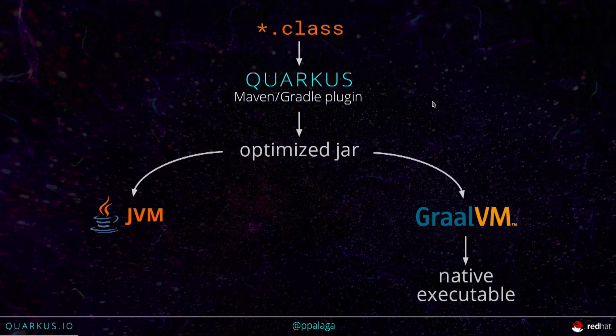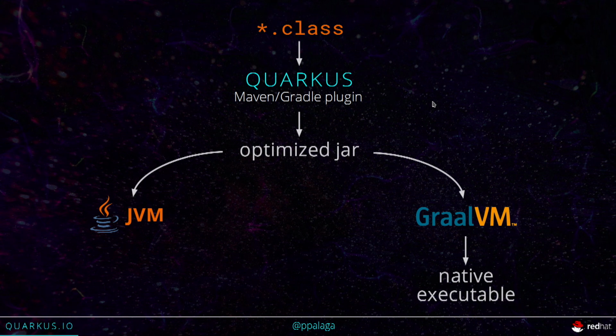So the input for Quarkus tooling is compiled Java classes. The output is an optimized jar that can be run on a stock JVM, such as OpenJDK, or it can be passed to GraalVM, which then produces a native executable out of it, like the one we have seen in the demo at the beginning.